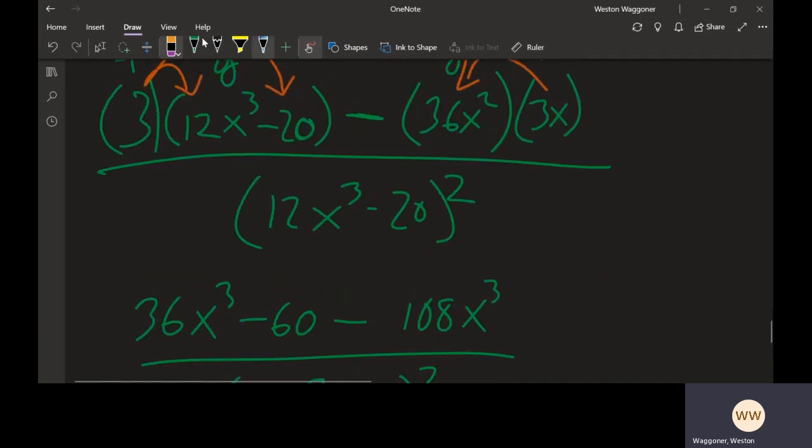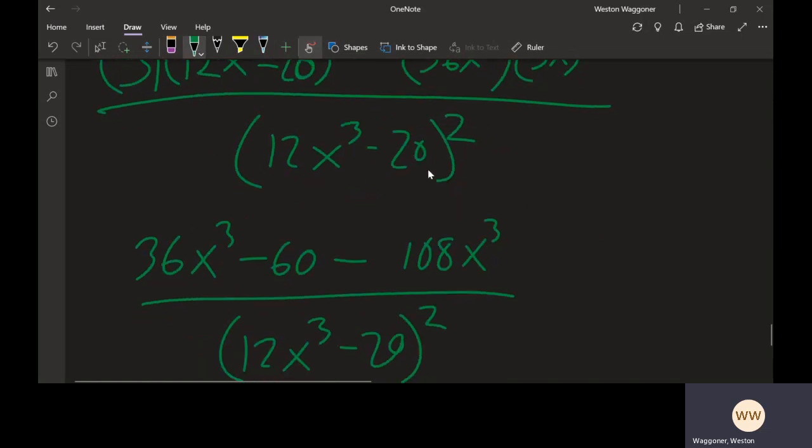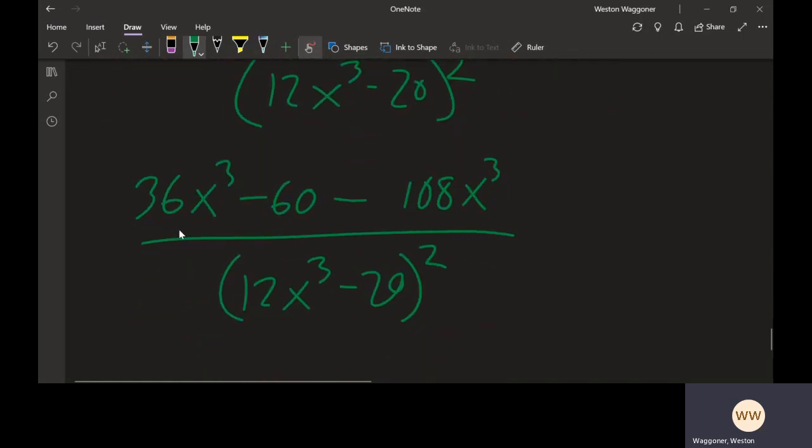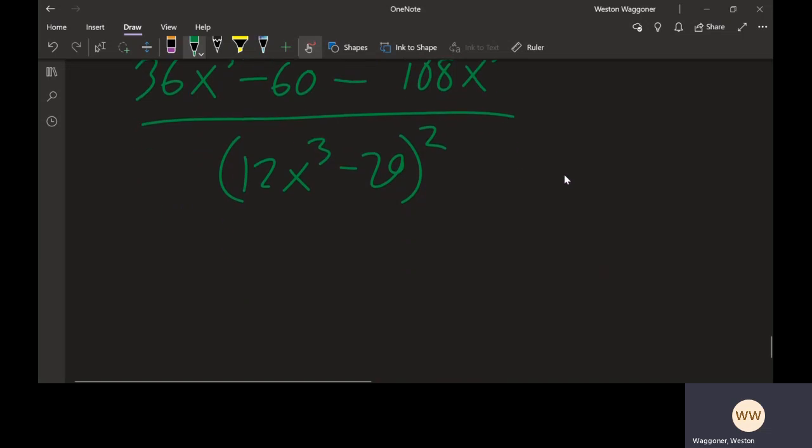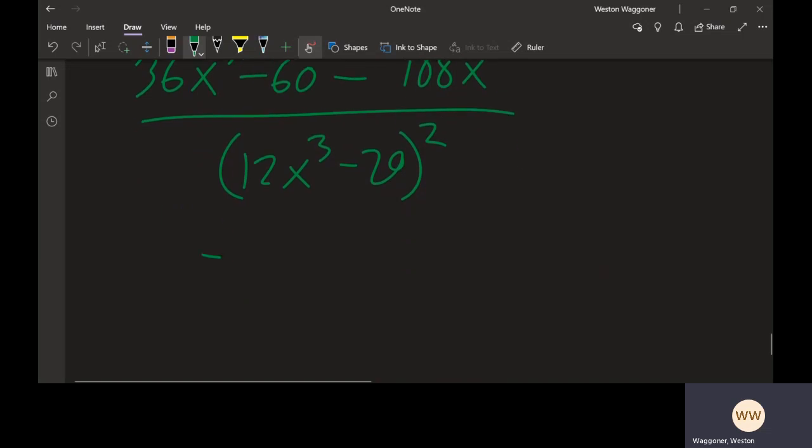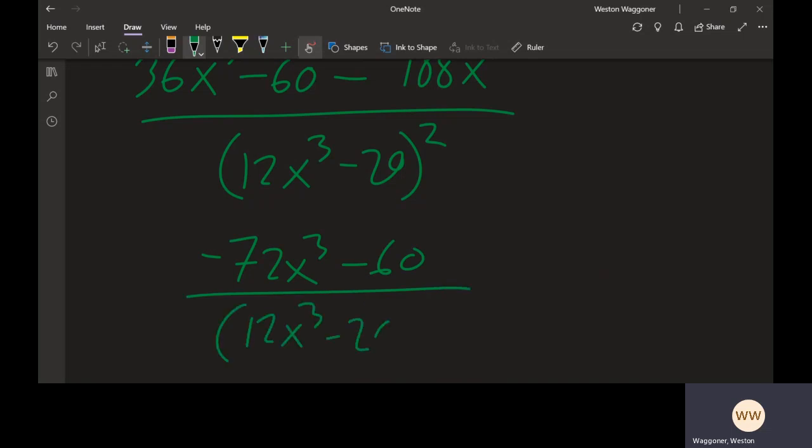It would change if we had a negative somewhere in here, but since we don't, we could just do this. So simplifying here, we're going to get negative 72x cubed minus 60, all over 12x minus 20, that's going to be squared.